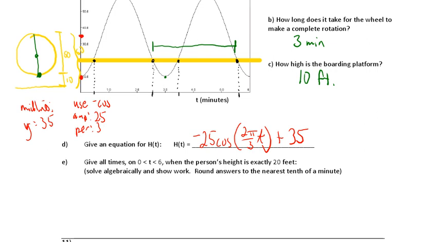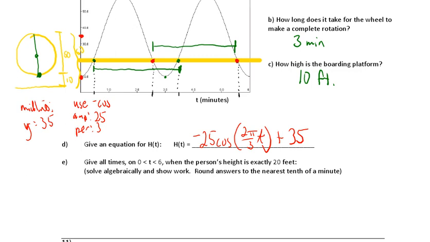And these two are separated by exactly 3 minutes, because I'm at 20 feet on the way up. Over here I'm at 20 feet on the way up. Here I'm at 20 feet on the way down. The next time I'm at 20 feet on the way down is exactly 1 cycle later. All right, so we're gonna most likely get this one from the calculator.